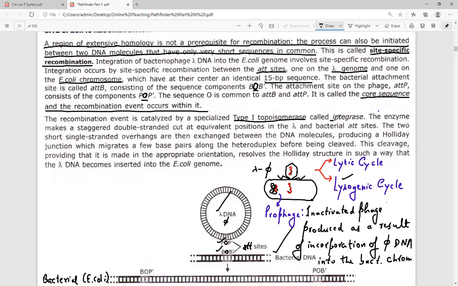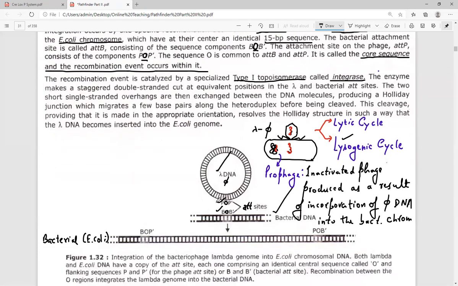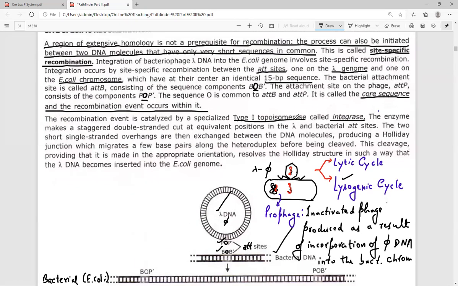The enzyme lambda integrase is going to catalyze the integration of the phage DNA into the bacterial chromosome, so that the integration can effectively take place. The enzyme makes a staggered double-stranded cut at equivalent positions.